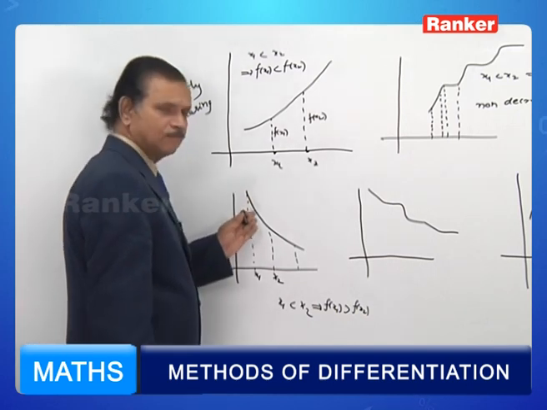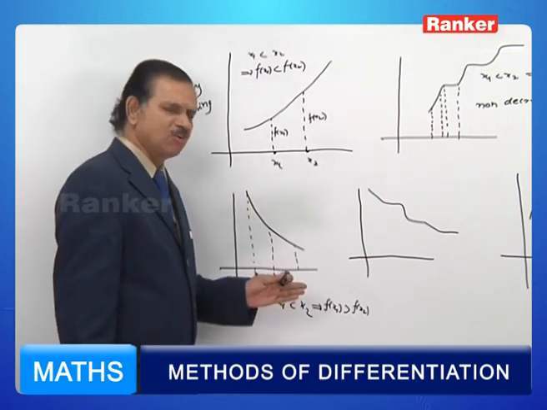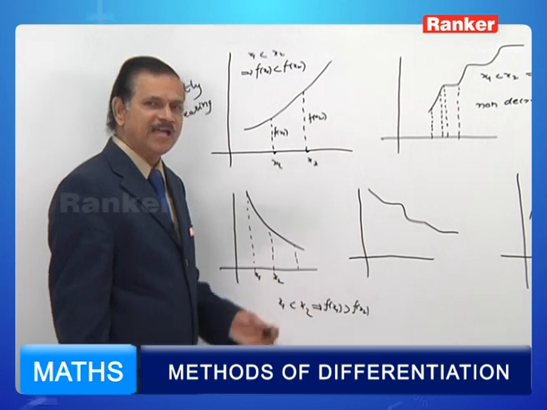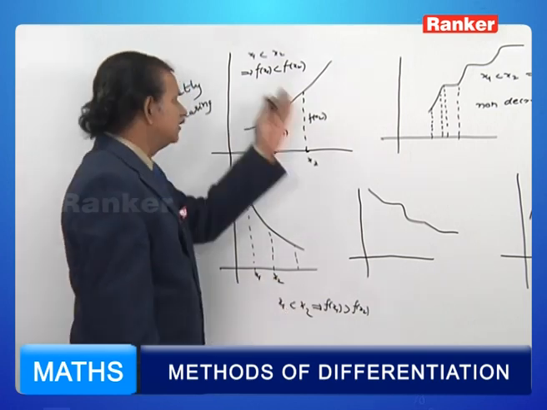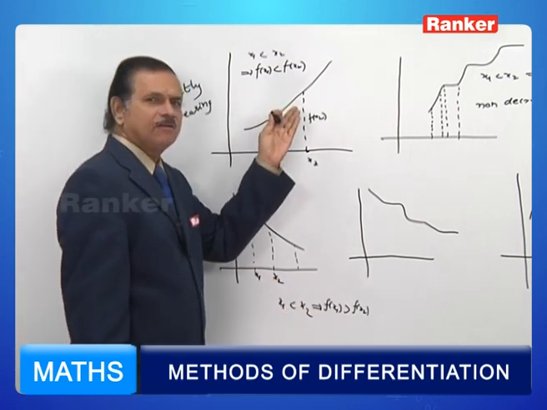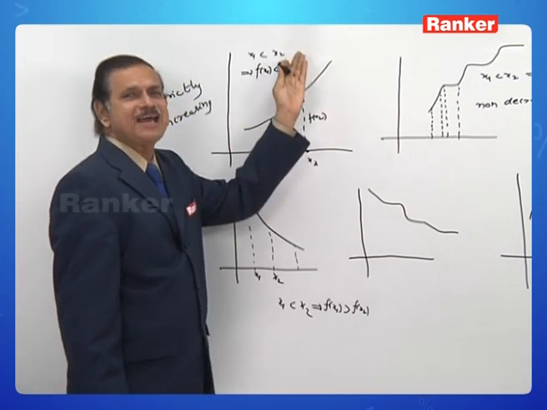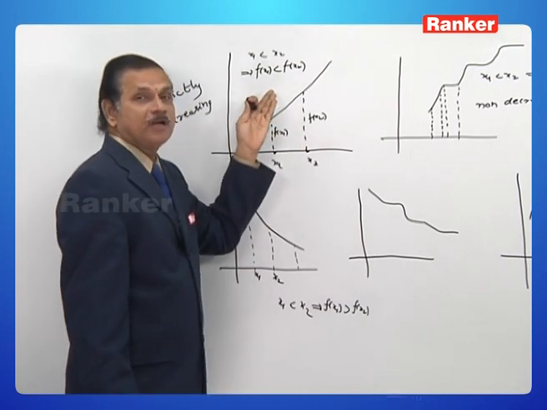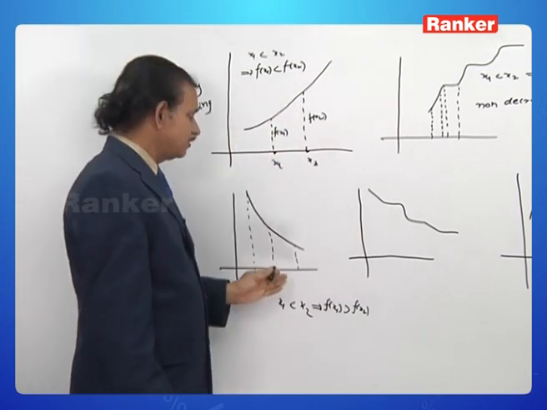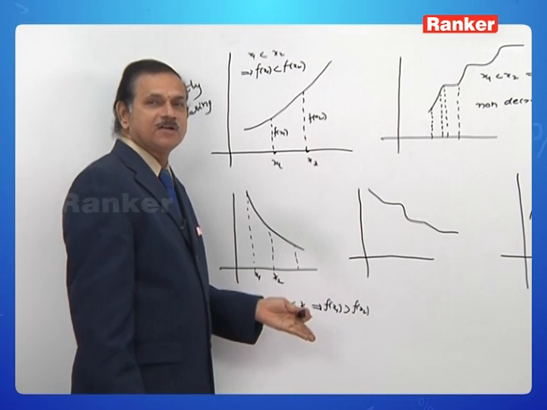It is monotonic, surely. Why monotonic? Exhibiting the same character. This is also monotonic, exhibiting the same character. What type of character? Increasing character. That is why it is called a monotonically increasing function. This is a monotonically decreasing function.